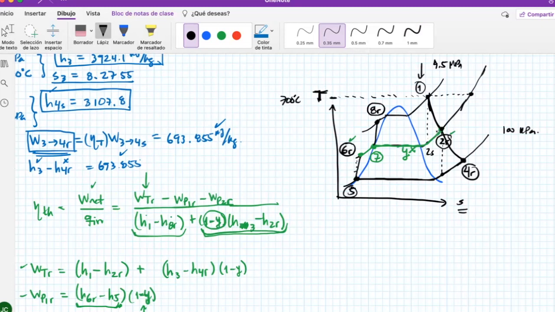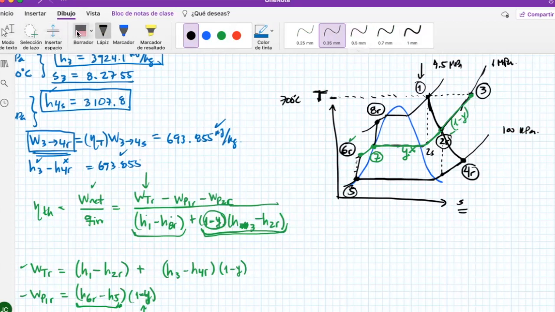So one piece of flow got into the mixer and another piece, 1 minus Y, is going into a reheat part. And this reheat part will elevate the temperature up to 700 degrees Celsius, but the pressure is 1 megapascal. So this should be 0.3. This is actually 0.3 that I completely missed.